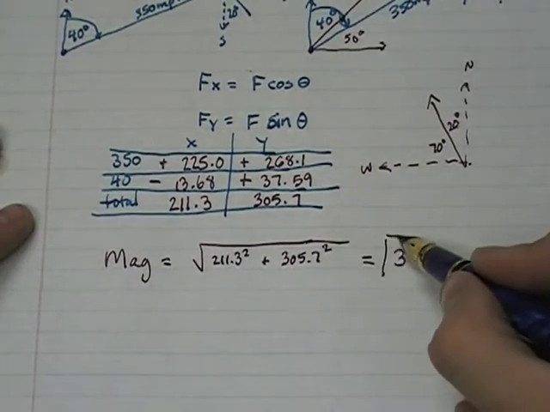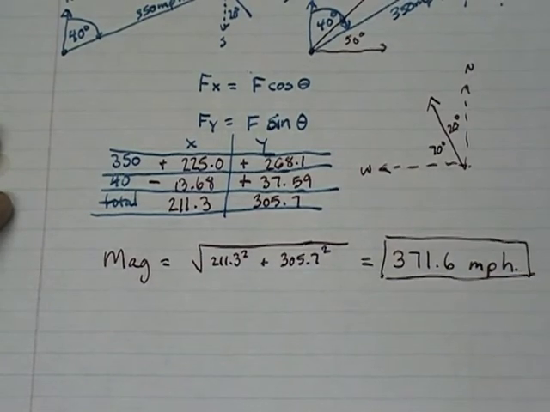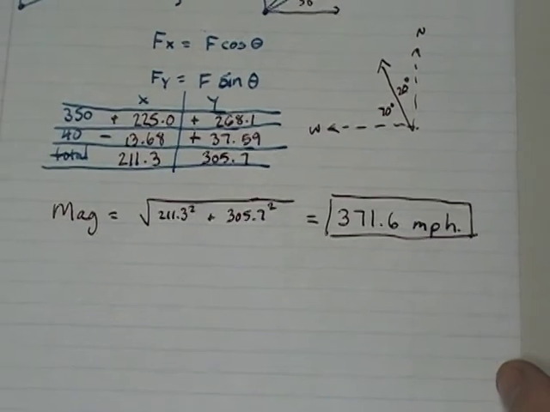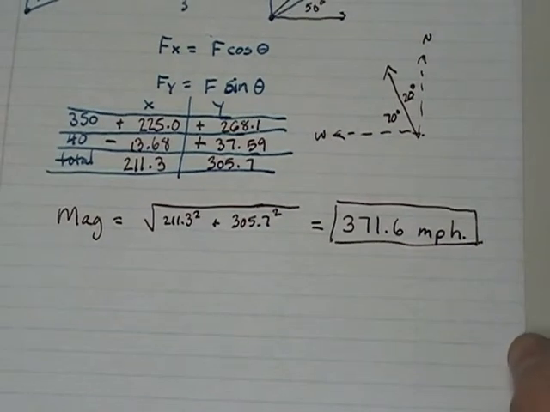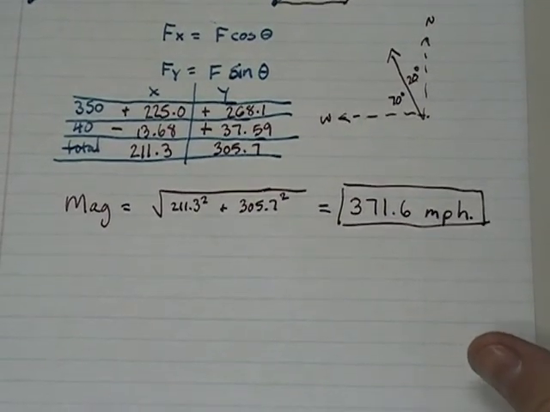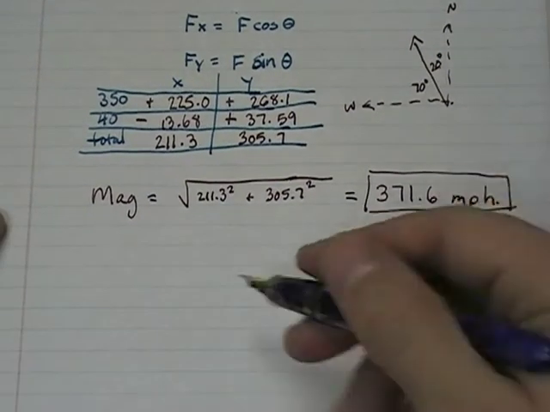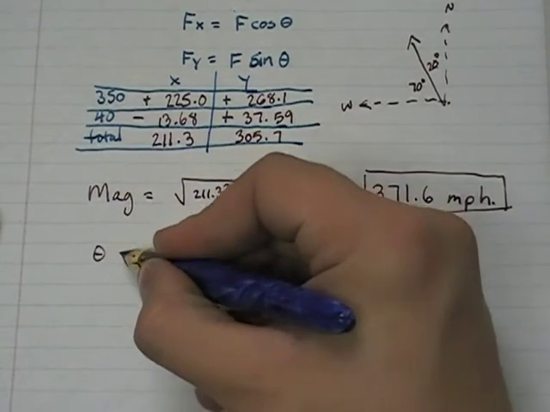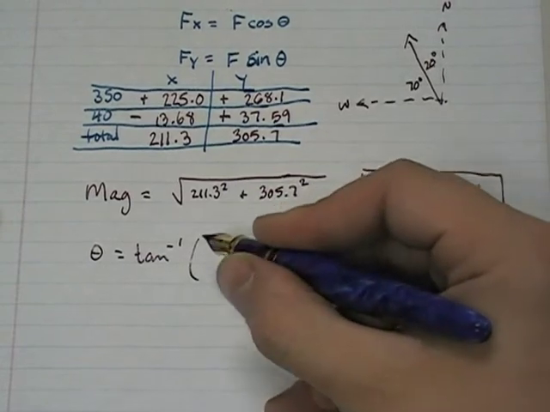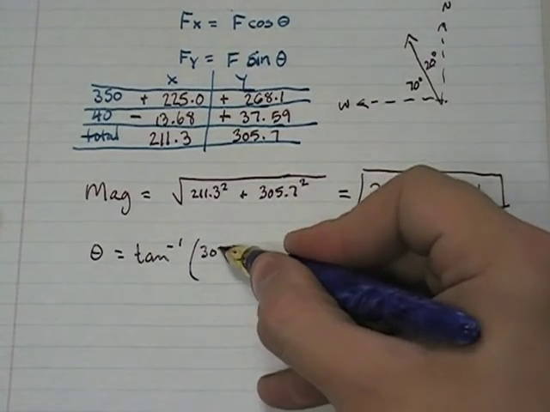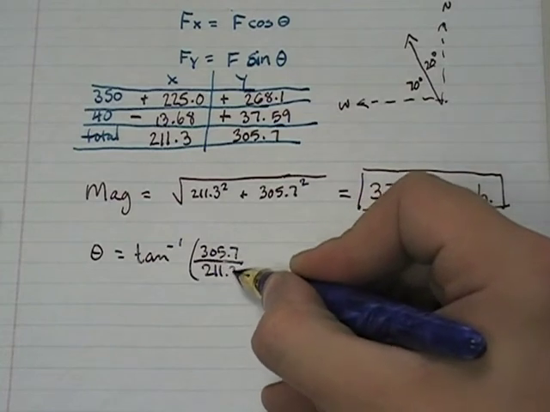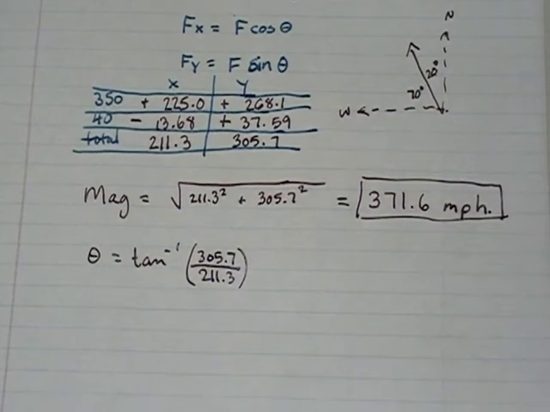Okay? Now, that answers half of the question. What is the speed of the plane? Now, next issue is this. What is the direction angle or the bearing of the plane? Well, to find the angle of the resultant, it's going to be the inverse tangent of the y component, 305.7, divided by the x component, 211.3.